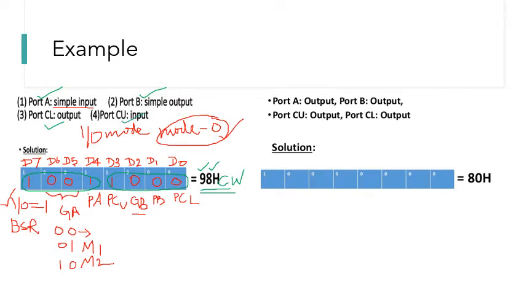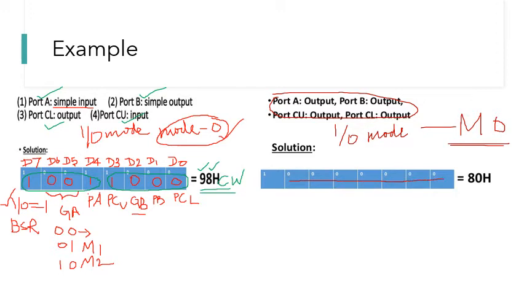Similarly, take one more example: we have to configure all the ports as output ports in I/O mode, with mode 0 selected. Configuring all ports as output is simple: we apply 0 for all.